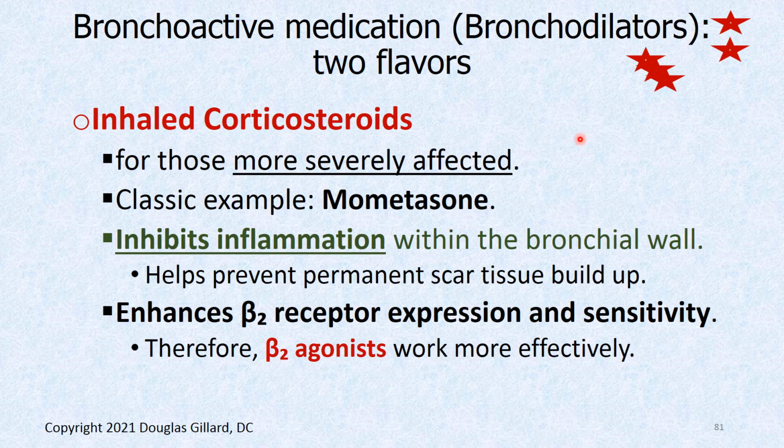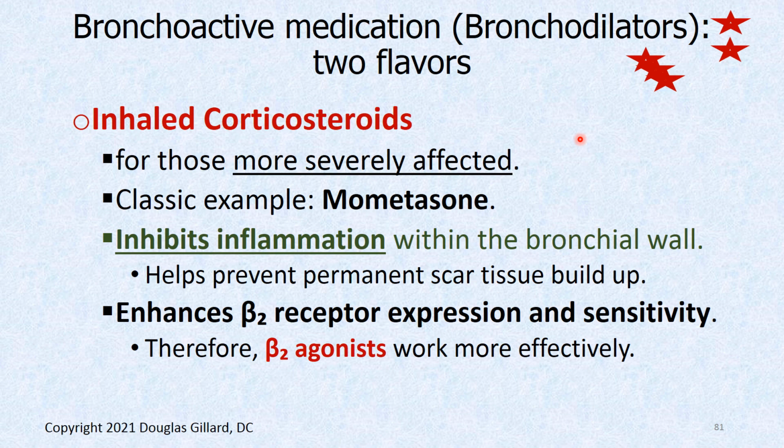The other flavor of drugs is corticosteroids, and mometasone is a classic example of this. Its job is to snuff out the inflammation that can get brewing inside the bronchial wall, because that chronic inflammation that goes with every attack of asthma will slowly scar up the small airways and decrease the size of the lumen.